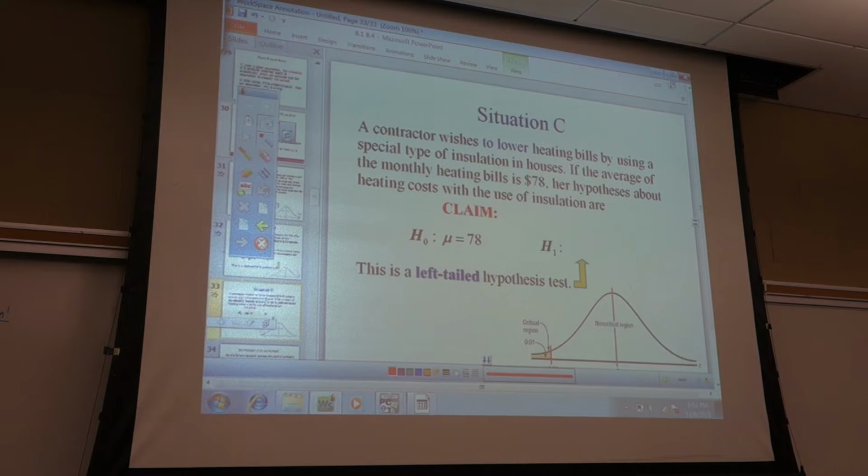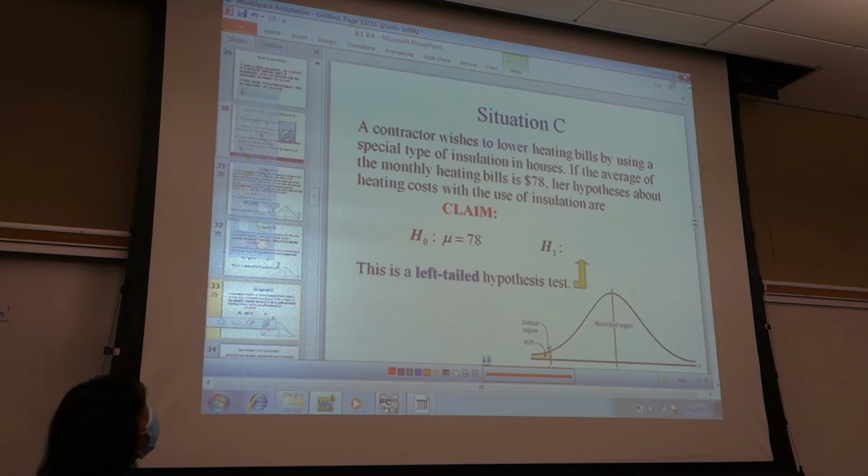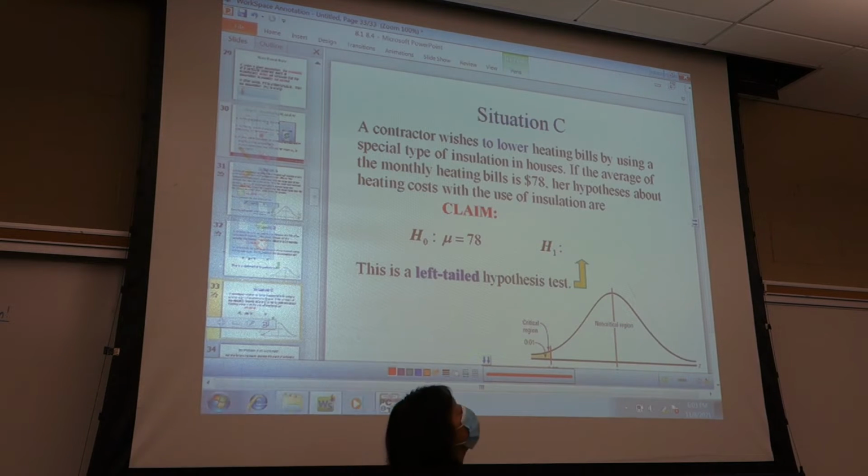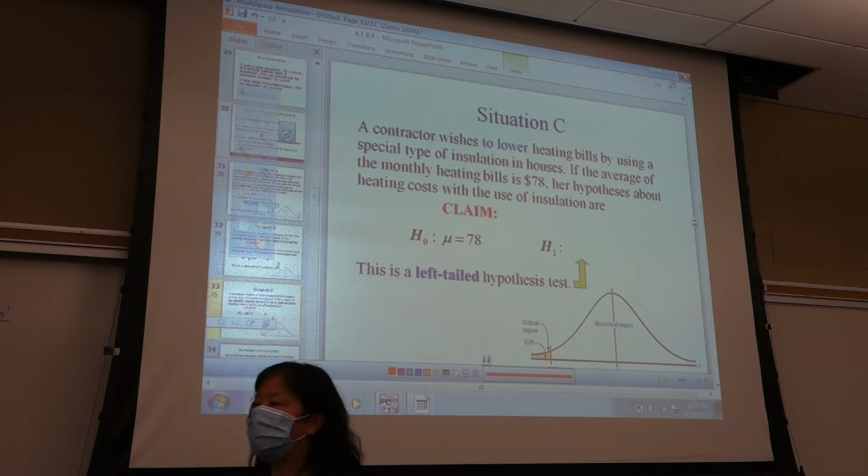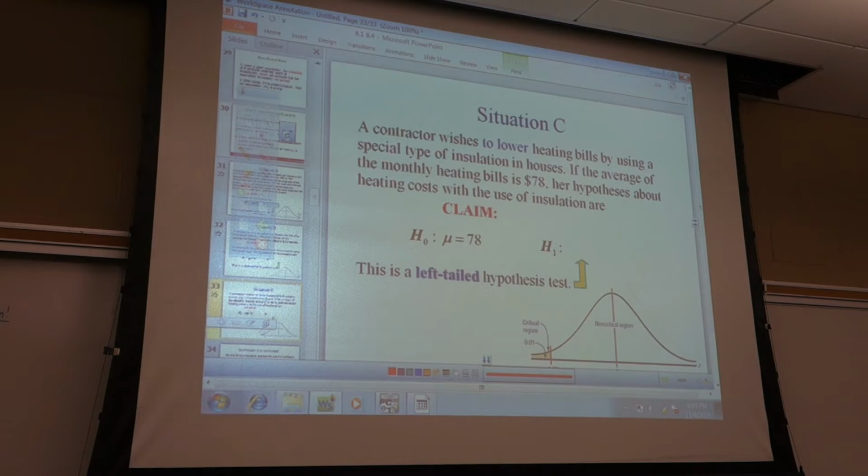Who hasn't read yet? Alondra, go ahead. A contractor wishes to lower heating bills by using a special type of insulation in houses. If the average of the monthly heating bill is $78, her hypothesis about heating costs with the use of insulation are. So what's your claim? Less than 78. Is it a mean or proportion?